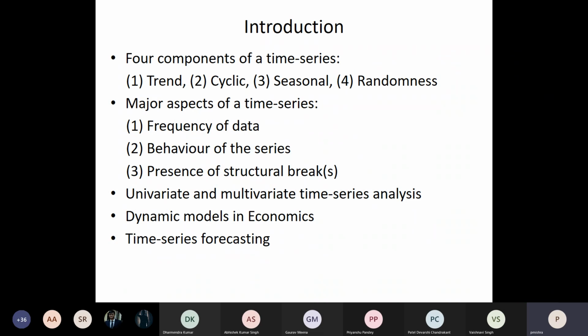This change may be in respect of intercept. This change may be in respect of slope. This change may be in respect of both slope and intercept. So, for example, we may be interested to know how the relationship between savings and income, or say between consumption and income, has changed following economic reforms in 1991.